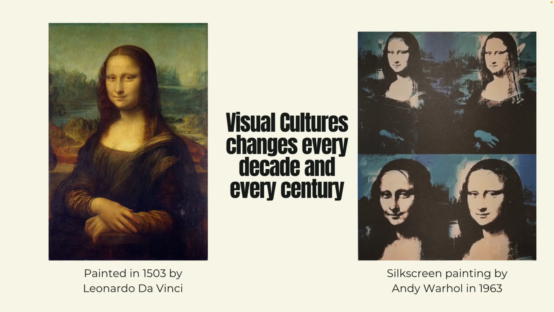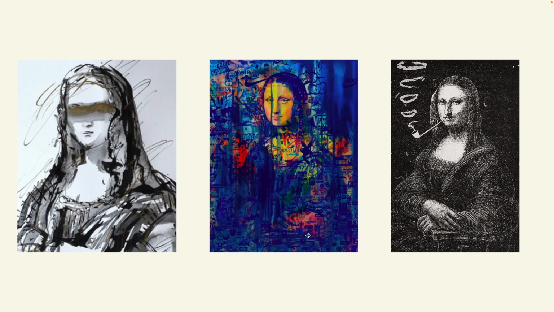Visual culture changes every decade and every century. Every decade there is a conversation about the images that we have been introduced to, and how we as artists, audiences, or even consumers are able to become image makers, or at least pass them on.